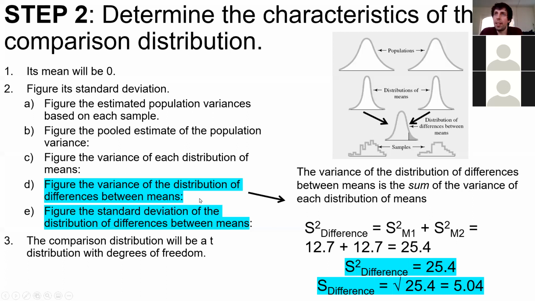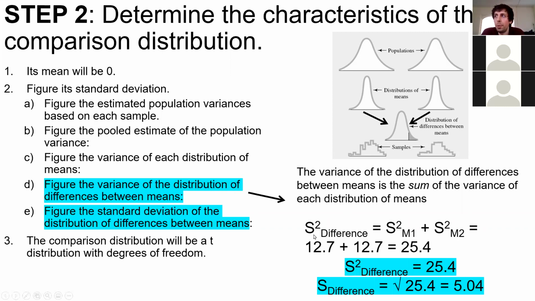So to figure out the variance of our comparison distribution, we're going to use this formula down here. And we're going to be calling this specific variance, which is the variance of our distribution of the difference between means, S-squared difference.